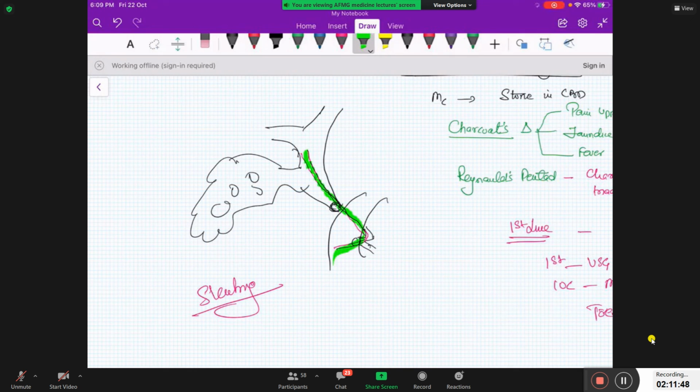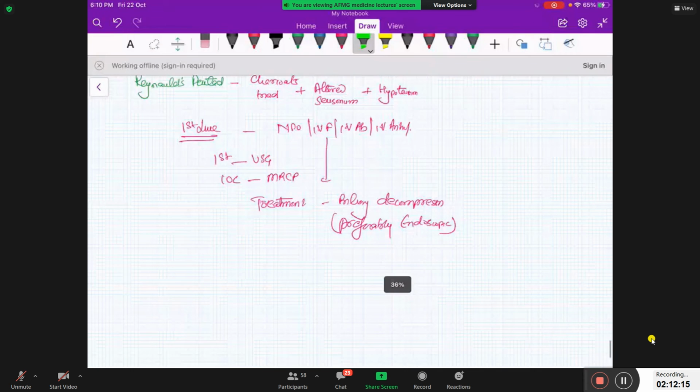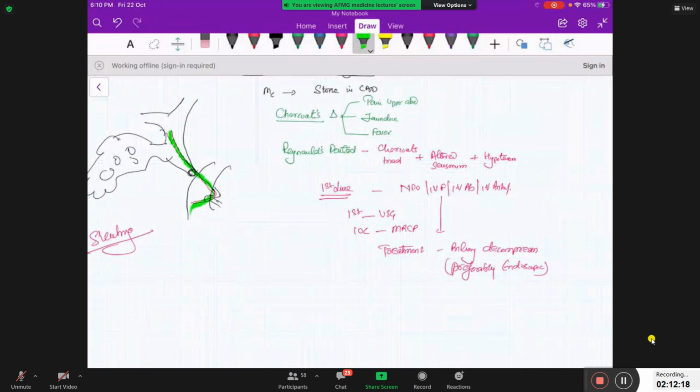So the problem gets sorted. Once you have decompressed the CBD, later on, this is a CBD stone and then we'll manage it accordingly. So in acute cholangitis, the most important thing in treatment is biliary decompression, which you do by endoscopic stenting. This is how we manage a patient of acute cholangitis.